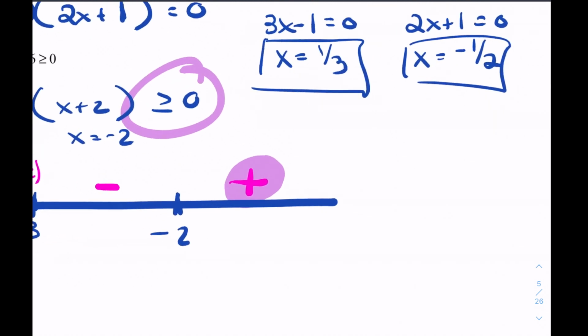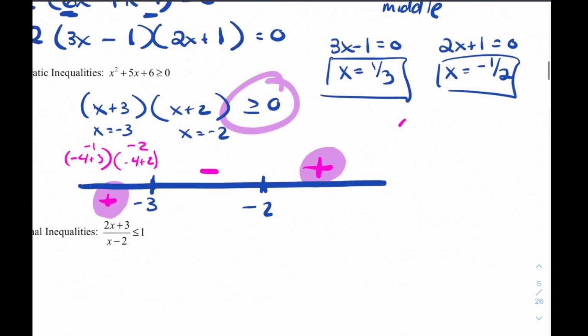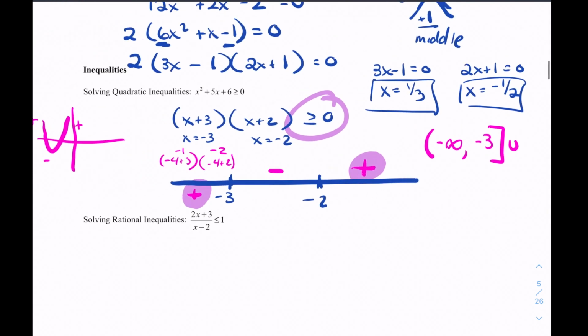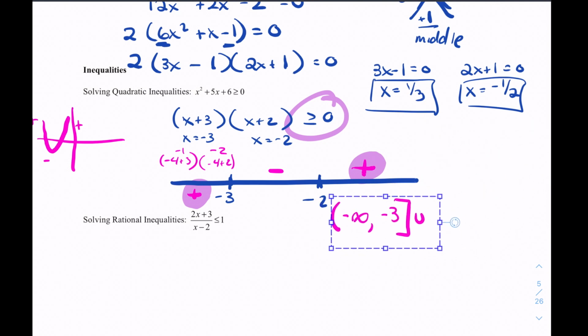We want where this is positive, so I'm going to write parentheses, -∞, comma, -3, bracket, union. Oops, move this over just so I have a little more space. And this is set notation, bracket, -2, comma, infinity, parentheses.